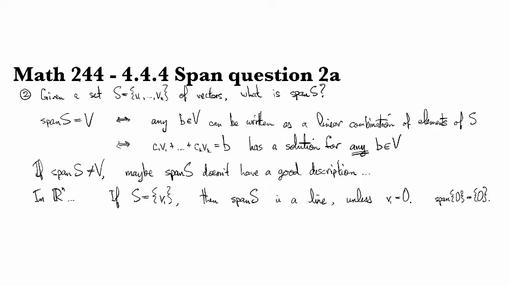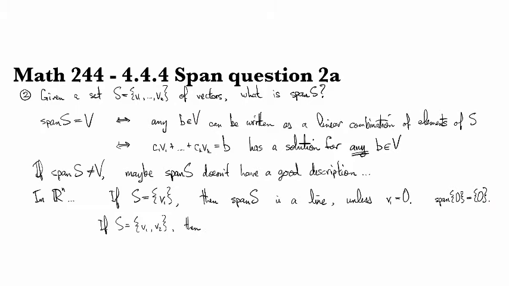Now, what if you had more than just one thing? So if S is V1 and V2, then the span of S could be a plane. And in fact, it will be a plane unless they lie on the same line.